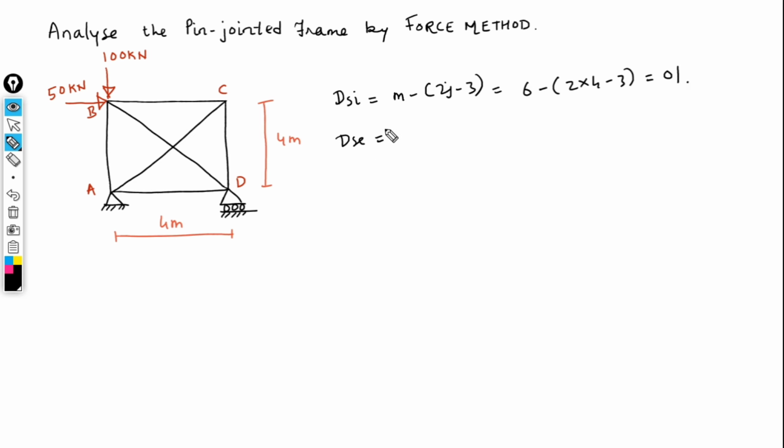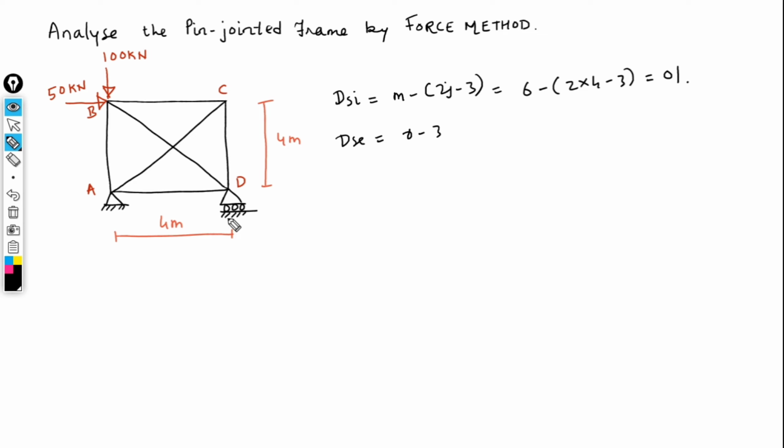DSE, the degree of external indeterminacy, is R minus 3, where R is the number of reactions. This particular structure has 2 supports. One is a hinge support, which will offer only 2 reactions, vertical and horizontal, whereas the roller support will offer only 1 reaction, perpendicular to the support.